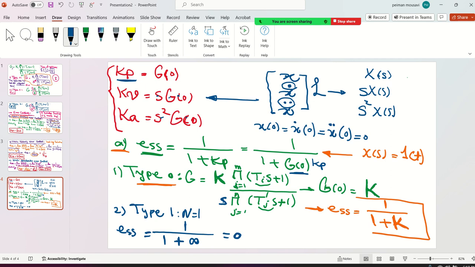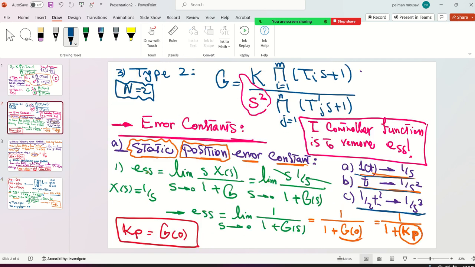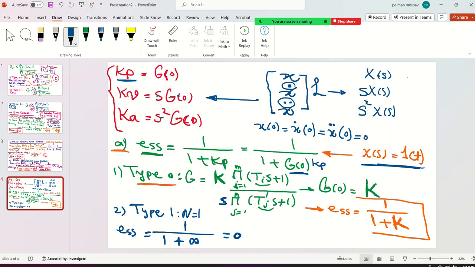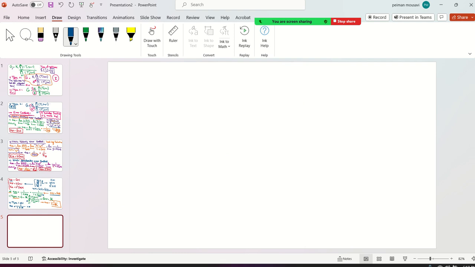Okay, if the type of the system is 1, with the unit step, if you had one integrator, the error signal goes to 0. As I taught you, now it corresponds: 1 over S is an integrator, and the integrator removes the error signal. Error signal goes to 0. You see what I'm doing, everybody?